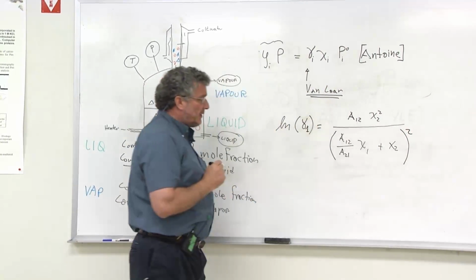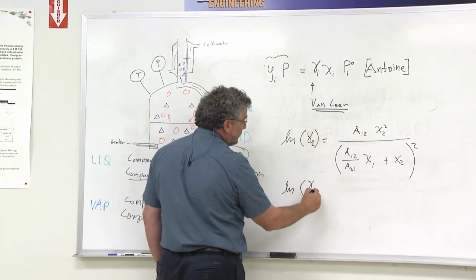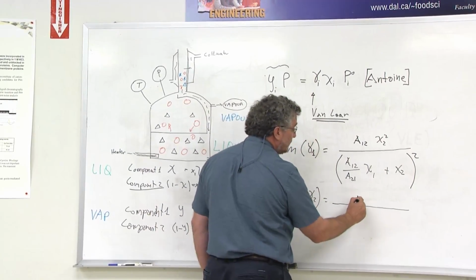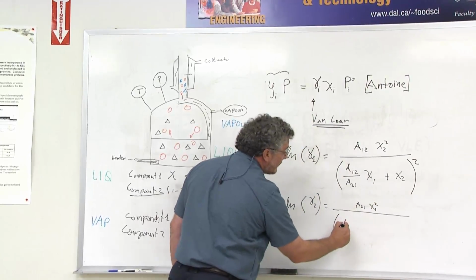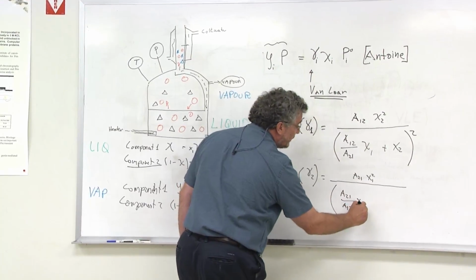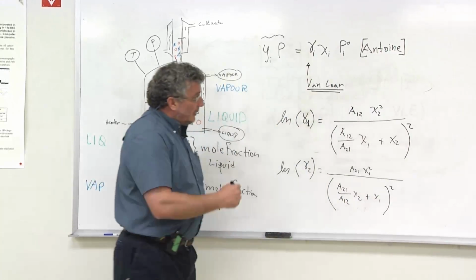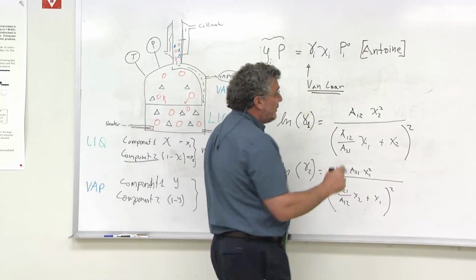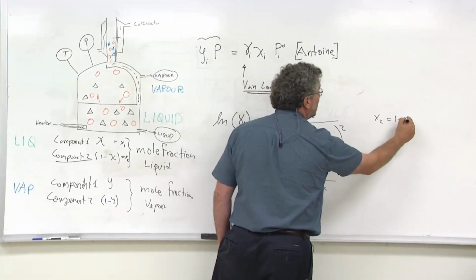The symmetric expression to that is that the natural logarithm of gamma 2 is going to be equal to a21 x1 squared over a21 over a12 multiplied by x2 plus x1, squared. Remember that in our case, because it's a binary system, we only have one unknown in x, because x2 is always going to be equal to 1 minus x1.